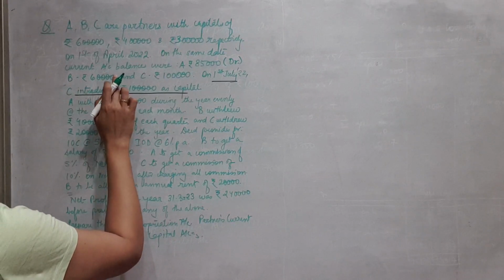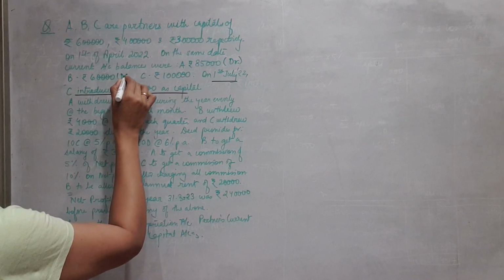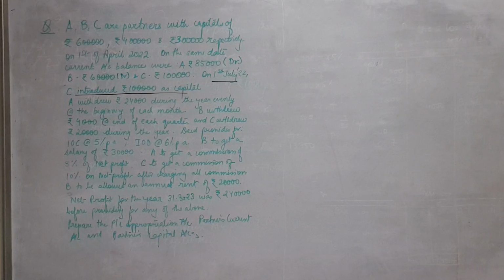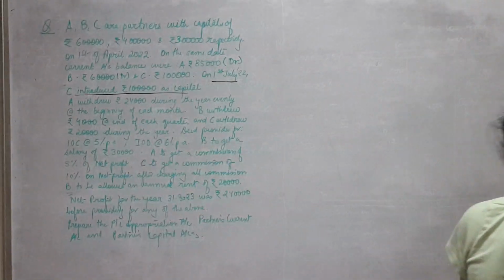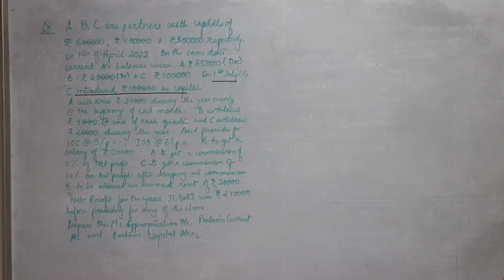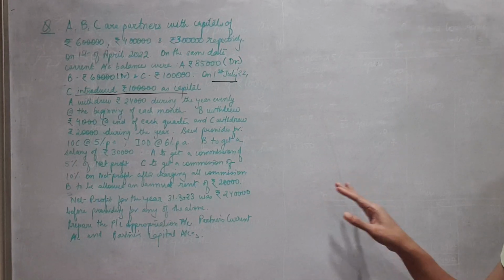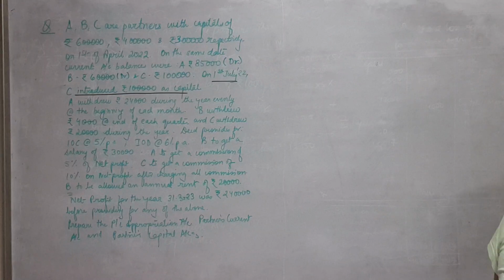B 60,000 also debit, and C is 1 lakh. Okay, now then you have A withdrew 24,000 during the year evenly at the beginning of each month. B 4,000 end of each quarter, and C withdrew 20,000 during the year. So these are the regular drawings on which we need to calculate interest on drawings.